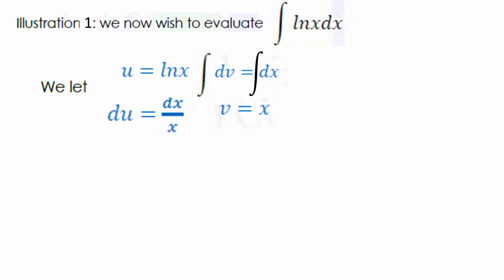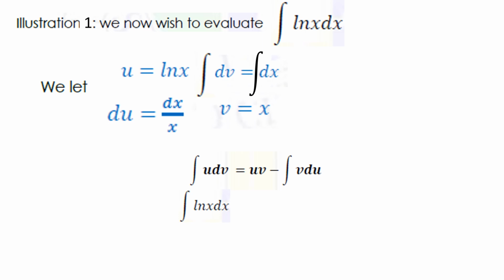And recalling the formula for integration by parts we have derived, the integral of u dv is equal to uv minus the integral of v du. Looking at the assumptions that we made, the integral of u dv is actually the integral of ln x dx.